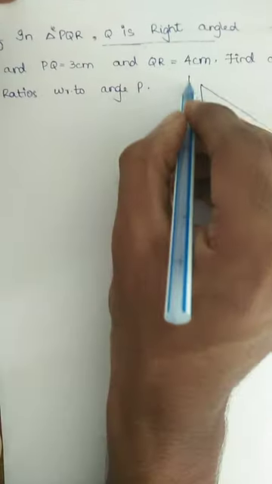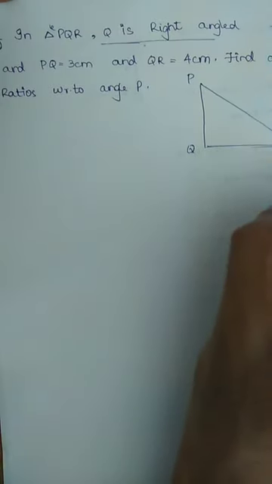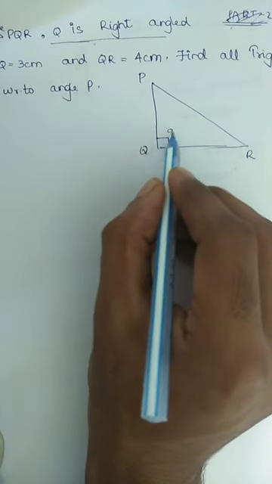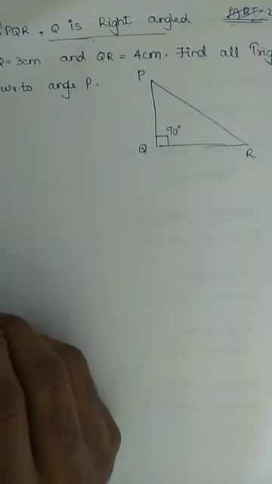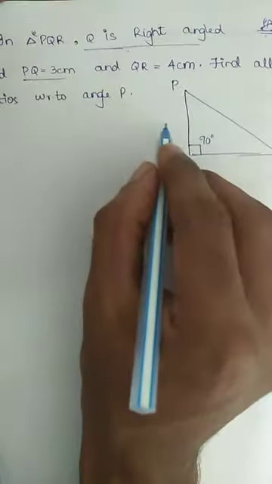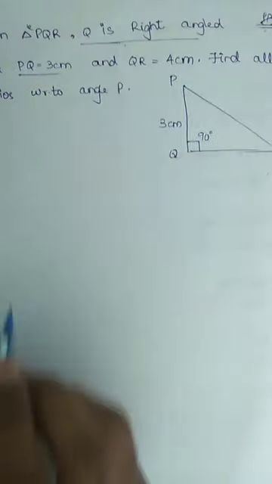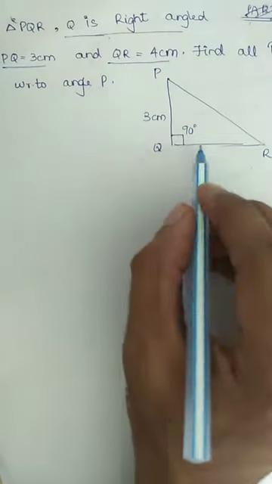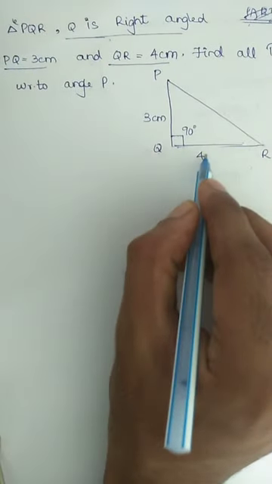Triangle PQR, angle Q is 90 degrees. Also given that PQ is equal to 3 centimeters, so the length of this side is 3 centimeters. Also QR is equal to 4 centimeters, so this side is 4 centimeters.